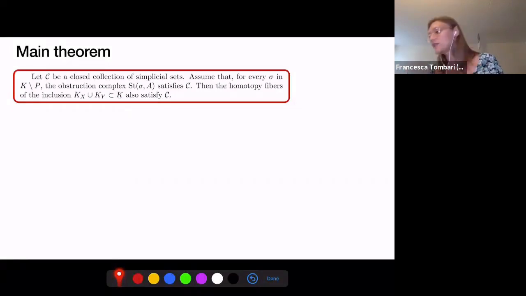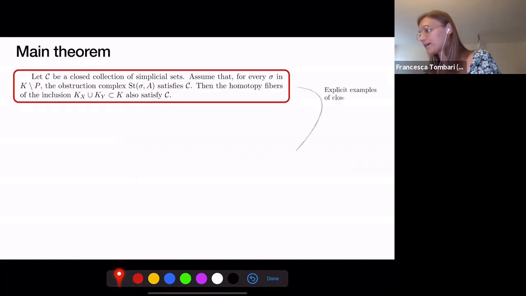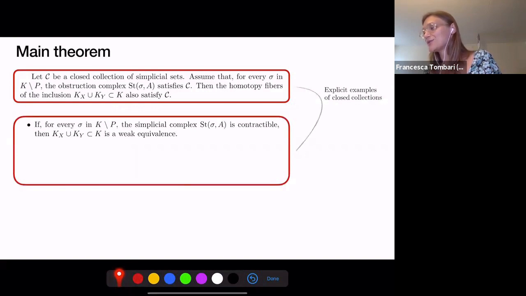What does it mean? This might be a little bit obscure. That's why I'm going to tell you about two examples of property, or of closed collection, that we consider. Those are actually the consequences on which the examples that I'm going to show you later are based, so it's particularly relevant for this talk.